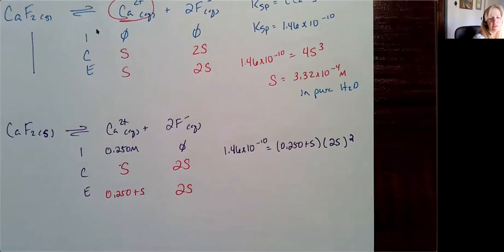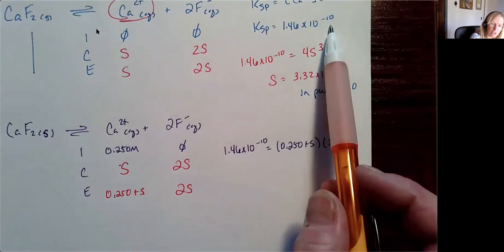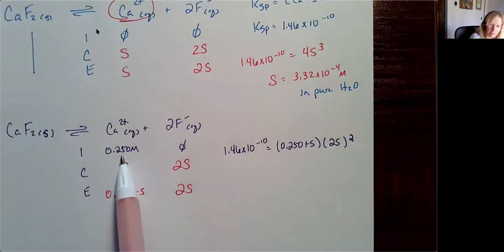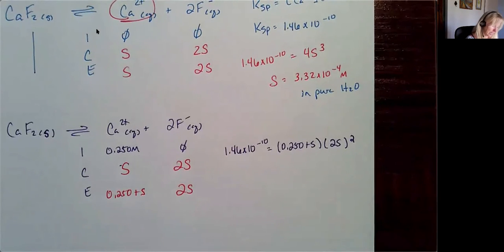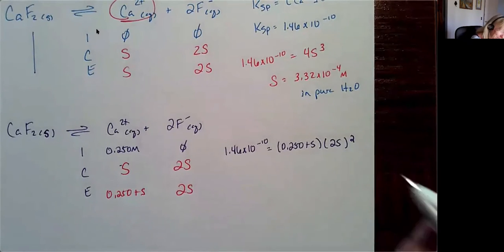Now I can do something here where if my KSP is really small, which it is, and this is fairly high in concentration, so I'm looking at that 10 to the third difference again, then I can do my S is small approximation and get rid of it here.